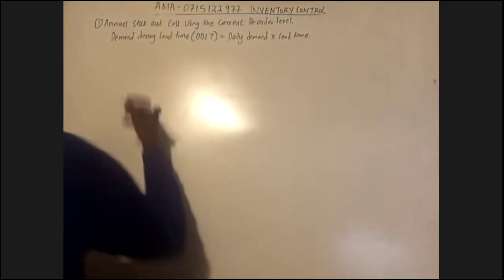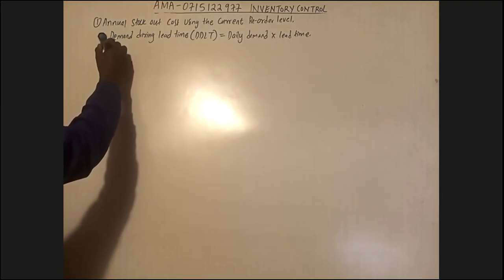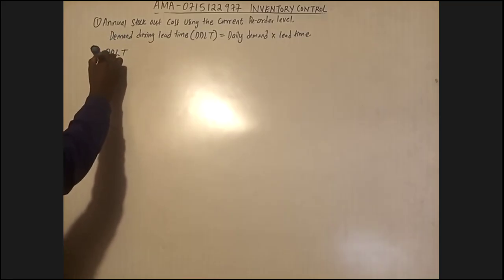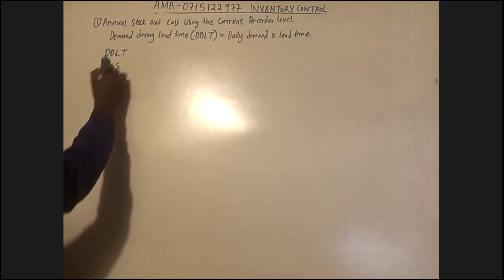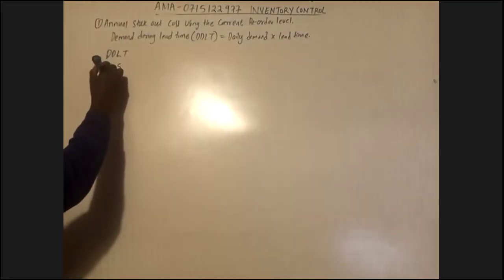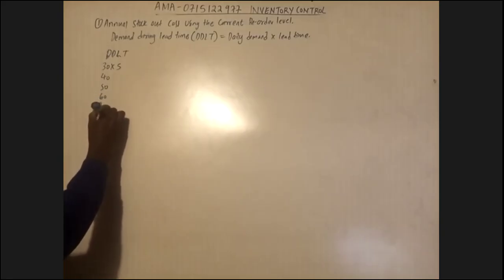Let us write them down. The DDLT will be 30, 40, 50, 60, 70, 80, 90 times 5.